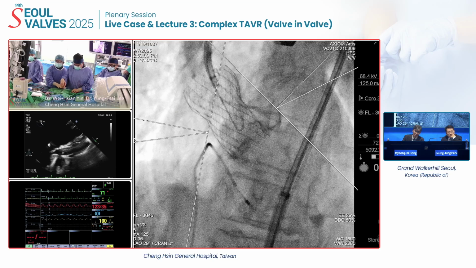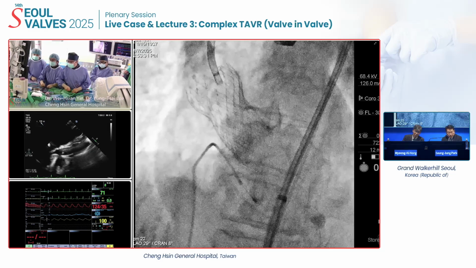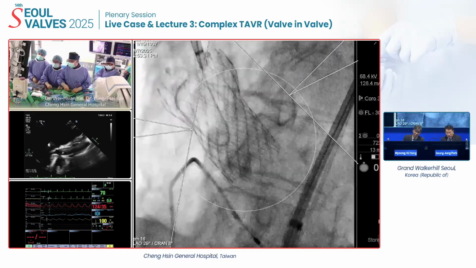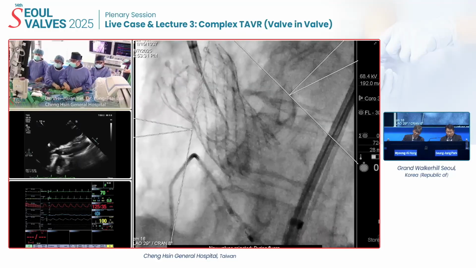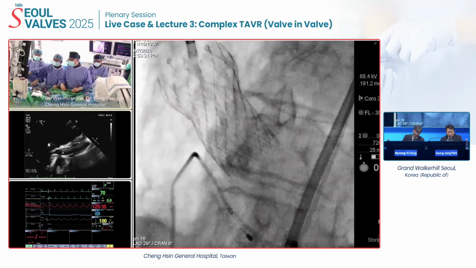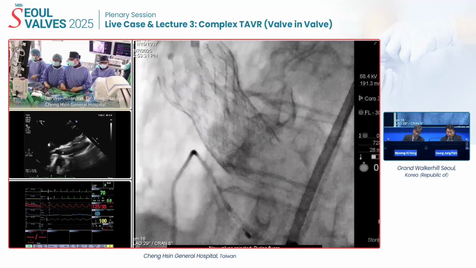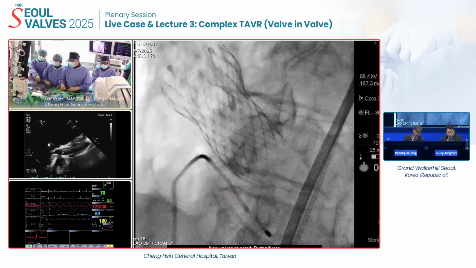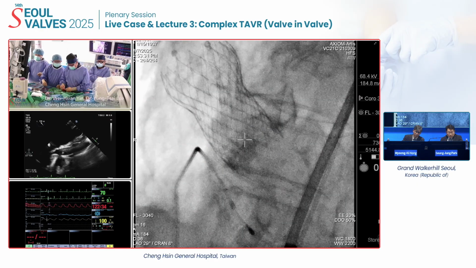Regarding the sizing of the second valve, we have experienced that we should use a CT measurement before the procedure to choose the appropriate size of the second valve. In this patient, although the first valve was 26, if we measure the waist and the annular level of the inner diameter, it shows it was 20 something only.